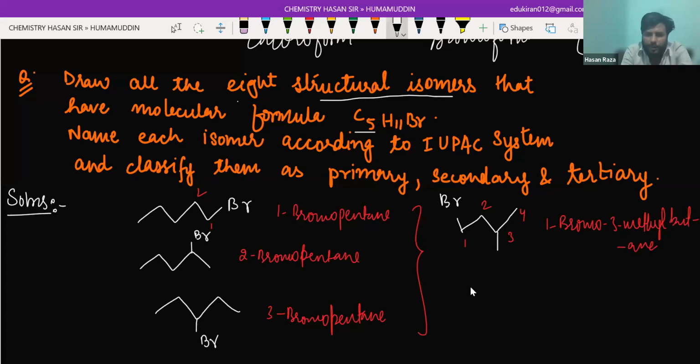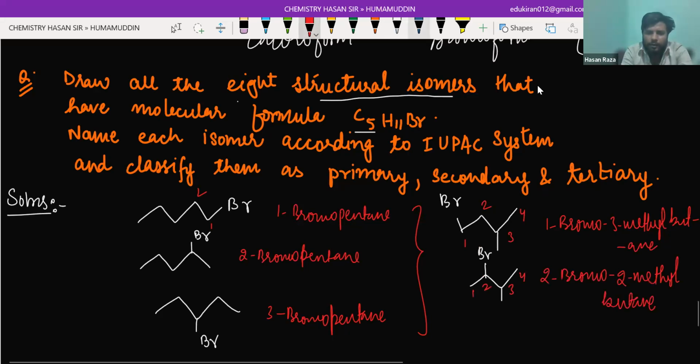The next one you can see like this. Bromine I'm going to move here and methyl as it is. So its name will be 1, 2, 3, 4, and hence the name will be 2-bromo, 2-methyl butane. Now the next one is also very easy. Just wait a minute. How can we draw this?